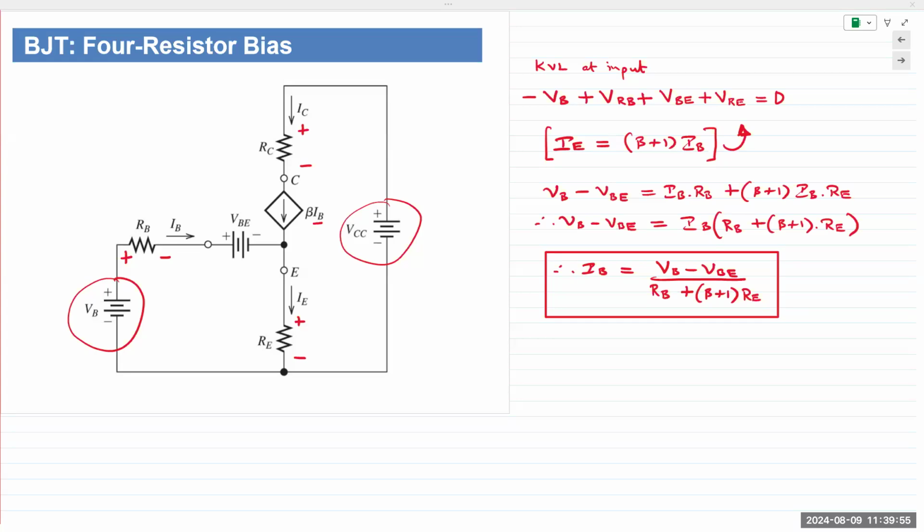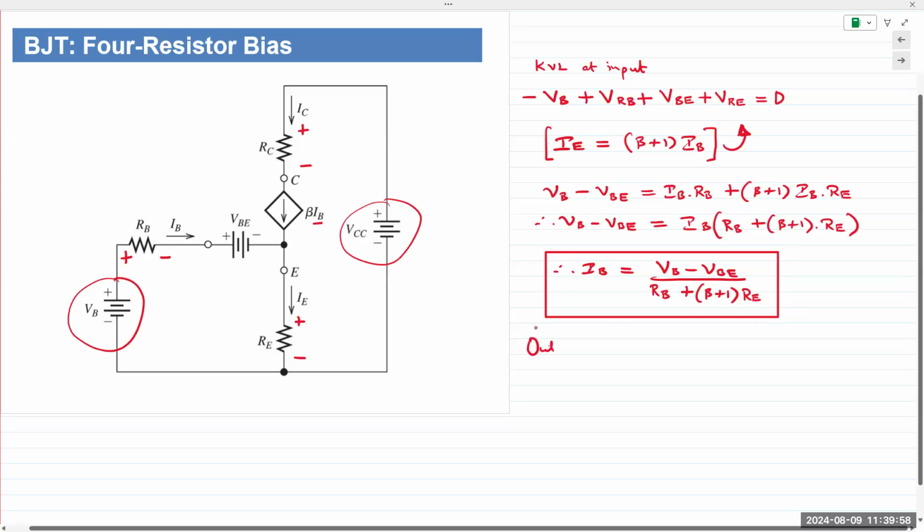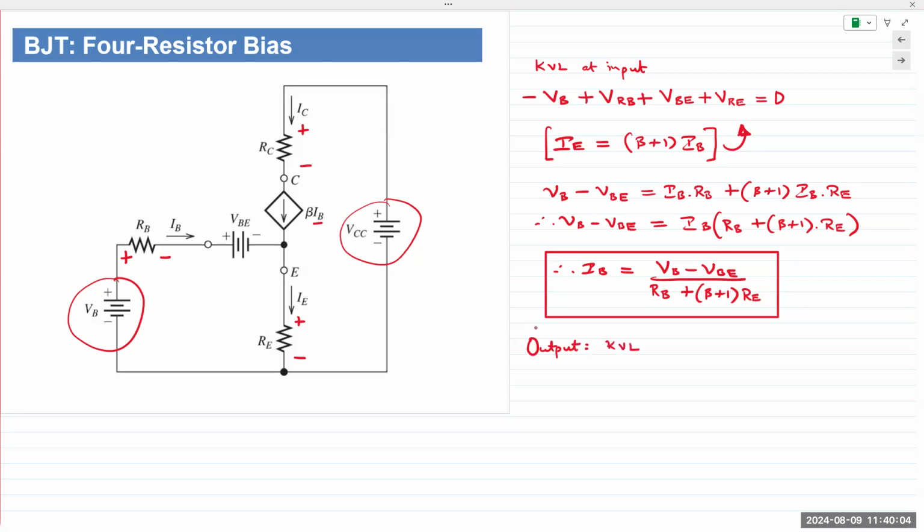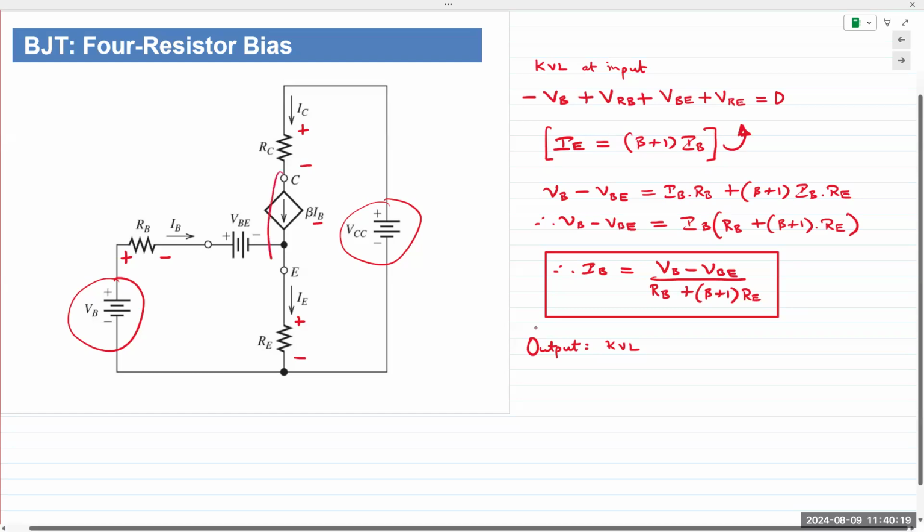All right, output KVL is straightforward. So the output, we want to find the voltage across the collector and the emitter, right?